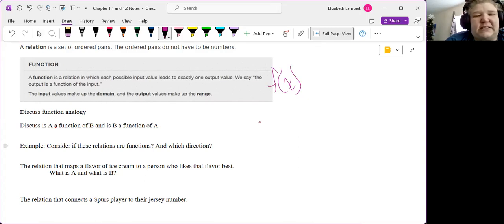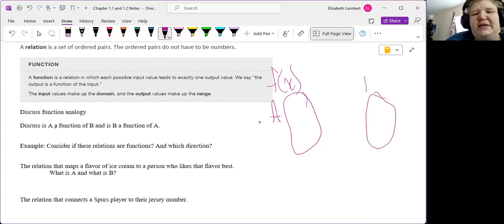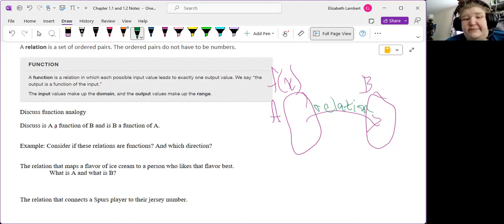Now, one of the things the book looks at is when we have these two sets, they often call them A and B, and they represent them in these weird oval shapes. Here's A, here's B, and then the relation is the thing that maps stuff in A to stuff in B. So when we have these two sets and we have this relation defined, sometimes there's a counter, an inverse relation.